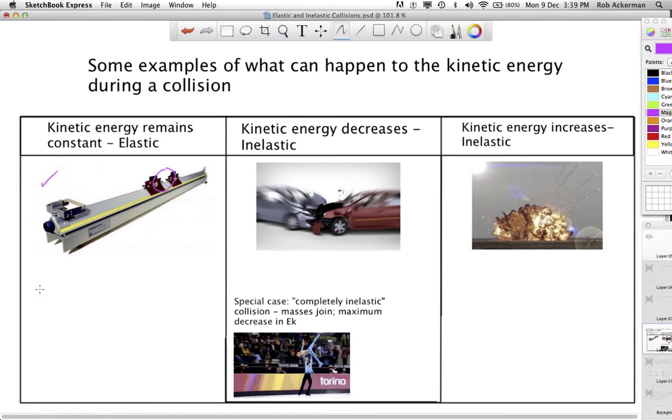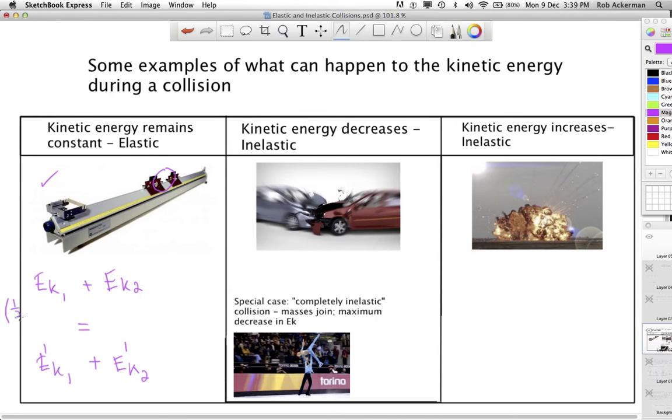If we were to write the kinetic energy of the first object and the kinetic energy of the second object, we would find that this is equal to the kinetic energy of the first object prime and the kinetic energy of the second object prime. How do we calculate these? Easy.